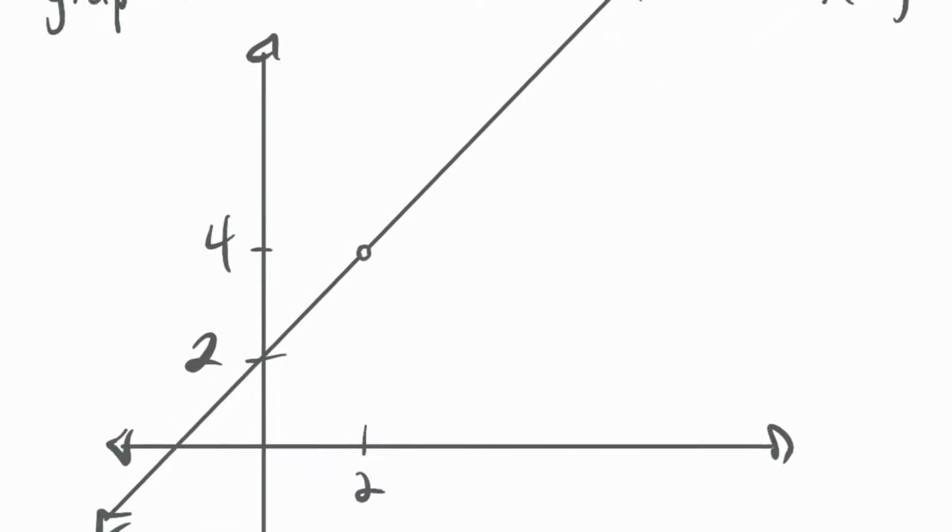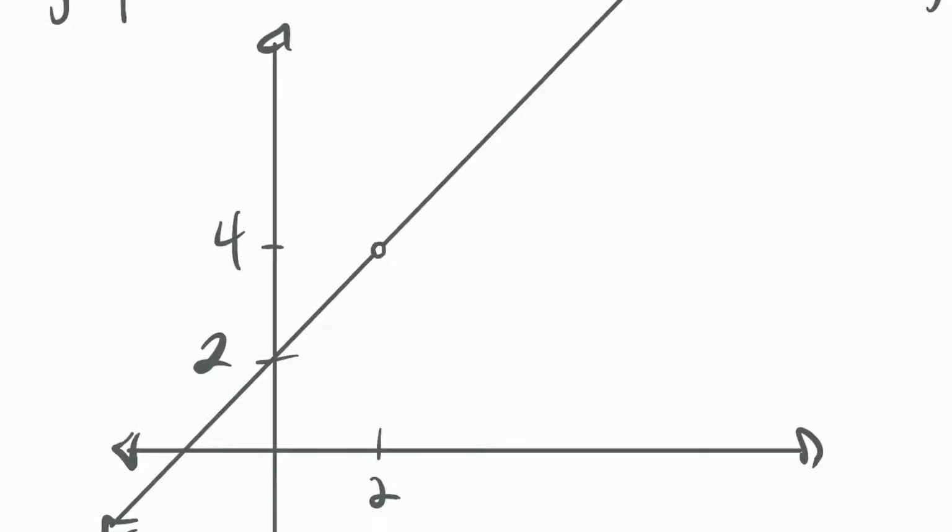And so what's the behavior nearby? As we were checking values, like x equals 1, 1.5, 1.9, 3, 2.5, 2.1, we're zooming in on that location and looking at the pattern in the y coordinates.